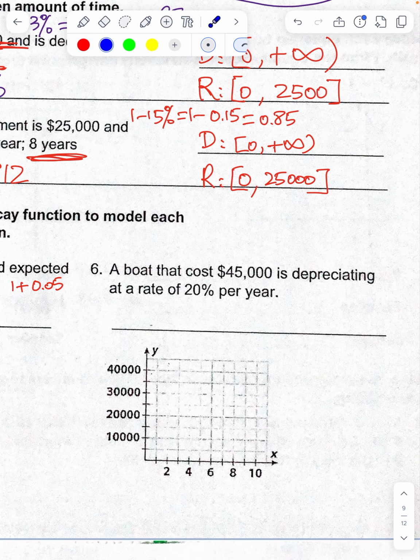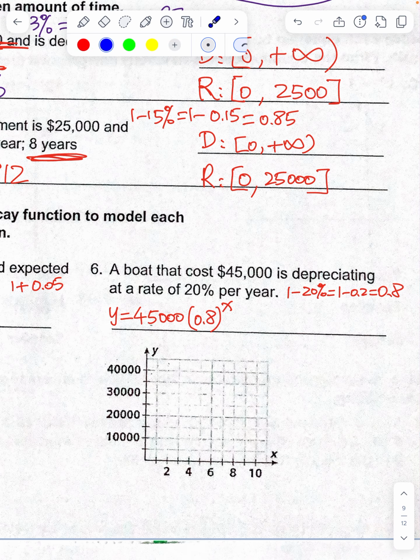So every year, 80% left. So 1 minus 20%, that is just 1 minus 0.2 is 0.8. So the function is 45,000 times 0.8 raised to the x power.